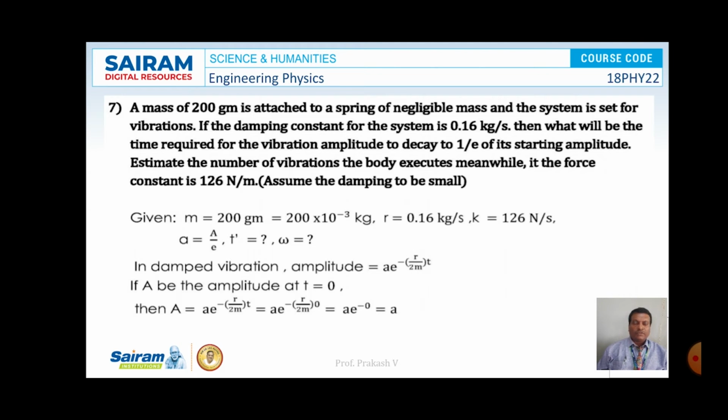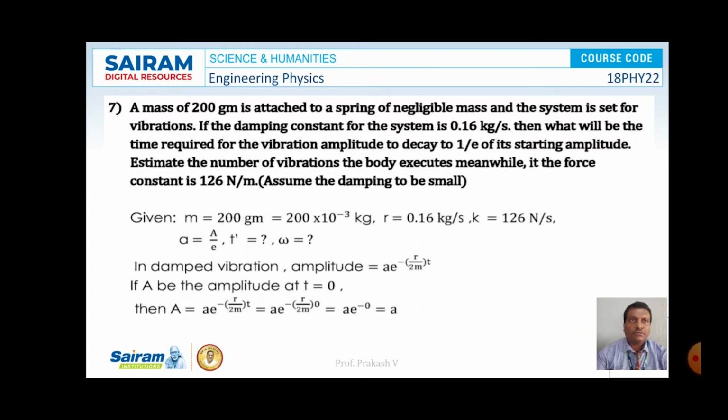Problem number 7: A mass of 200 gram is attached to a spring of negligible mass and the system is set for vibrations. If the damping constant for the system is 0.16 kg per second, then what will be the time required for the vibration amplitude to decay to 1 by e of its starting amplitude?